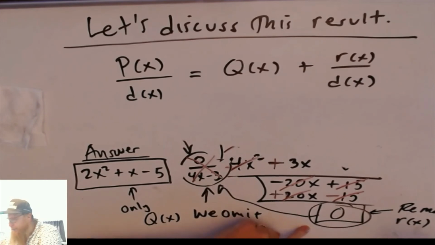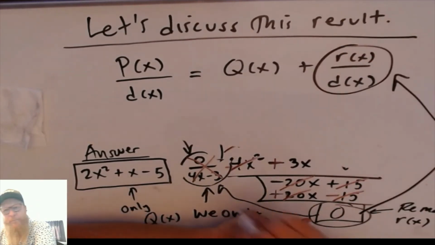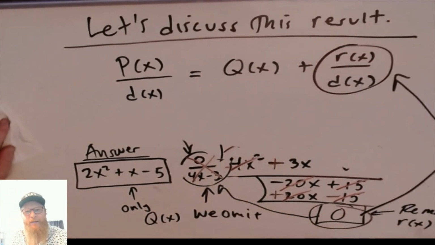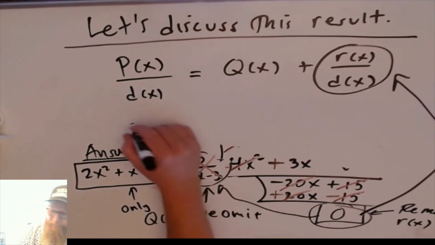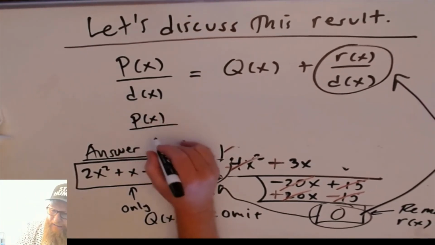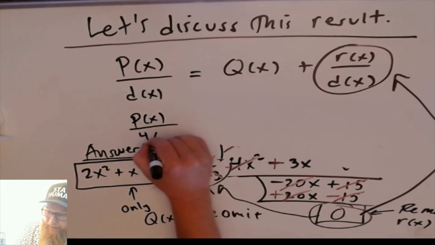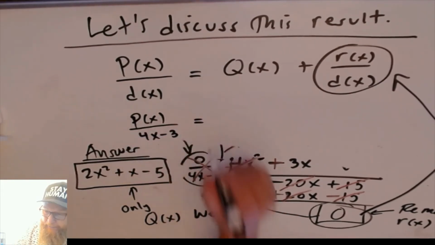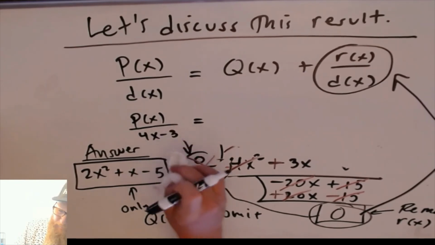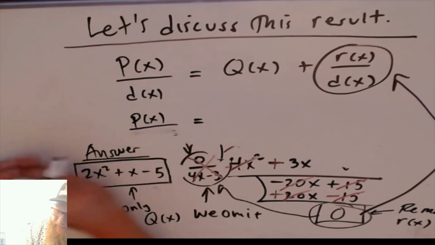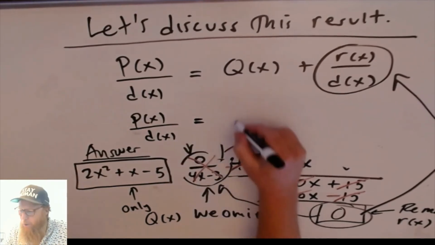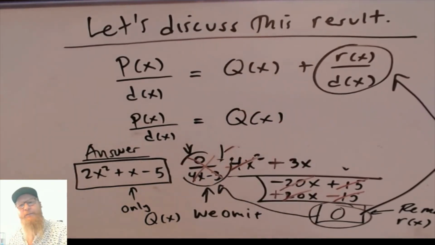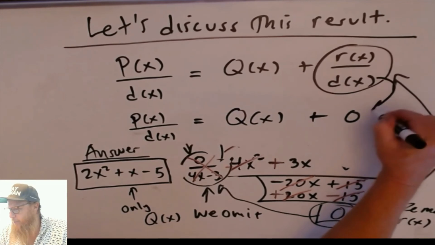But because the remainder was 0, that meant that our original polynomial divided by 4x minus 3, which I'm just going to keep as D of x because it's easier, is only equal to the quotient plus nothing, because we omit this.